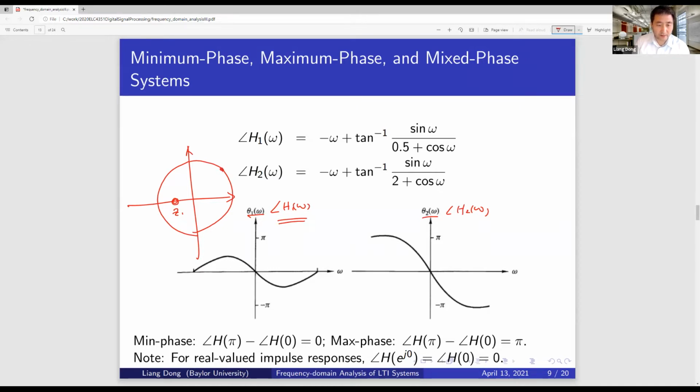If I have a point here, which is e to the power j omega on the unit circle, with this position omega, this omega is a phase angle here. Then we find that the angle of H1(omega) is this angle right here, in negative form. Last time we calculated this angle as the difference between this and that.